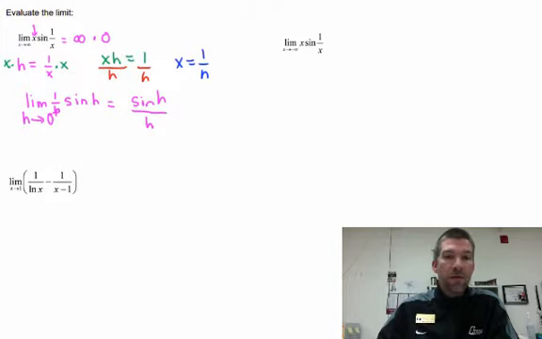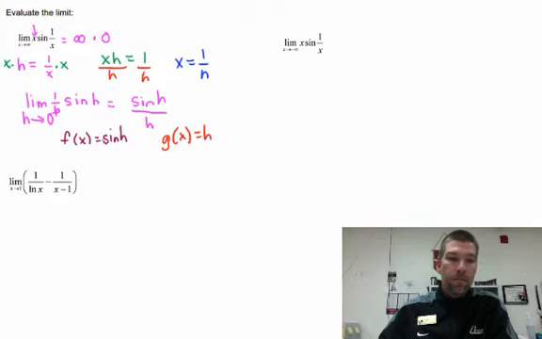Take the derivative of the top and the bottom. f of x is going to equal sine h. g of x is going to equal h. So when you take the derivative, f prime of x equals cosine h, and g prime of x equals 1.